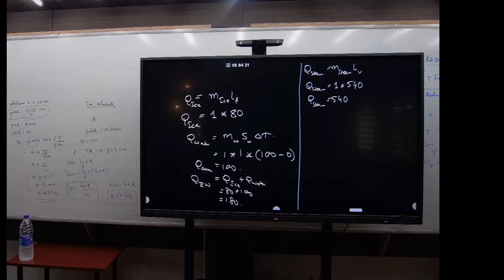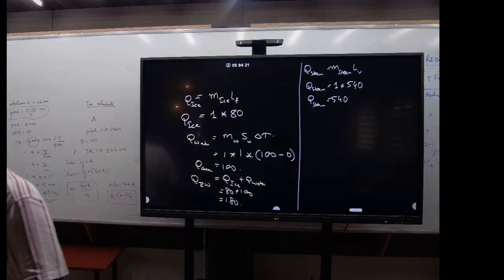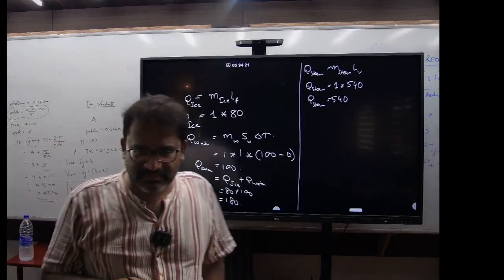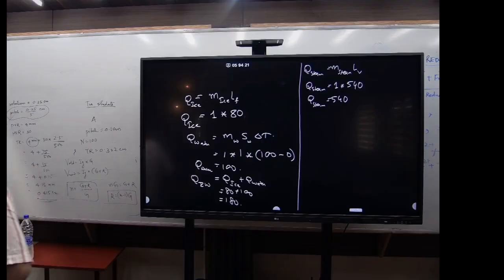What to do now? Now read the question properly. Which question? Thermodynamics, first question. Very good. I don't need this. What happened? That is off. This only it is? No. Then where is the remote?